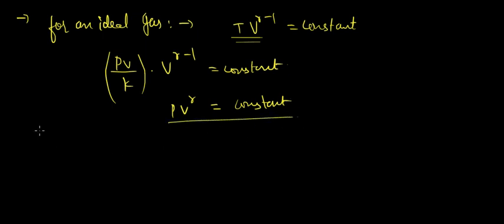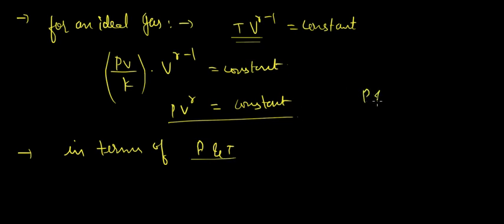Now let's see the same in terms of pressure and temperature. This is in terms of pressure and volume. In terms of pressure and temperature, we know that T V to the power gamma minus 1 is constant.